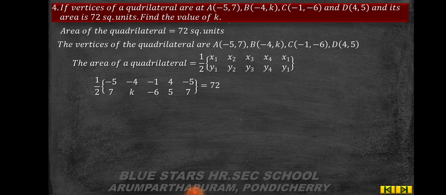So substitute those values in the formula, then area of a quadrilateral is equal to 72. 1/2 into, the next step is cross multiplication.